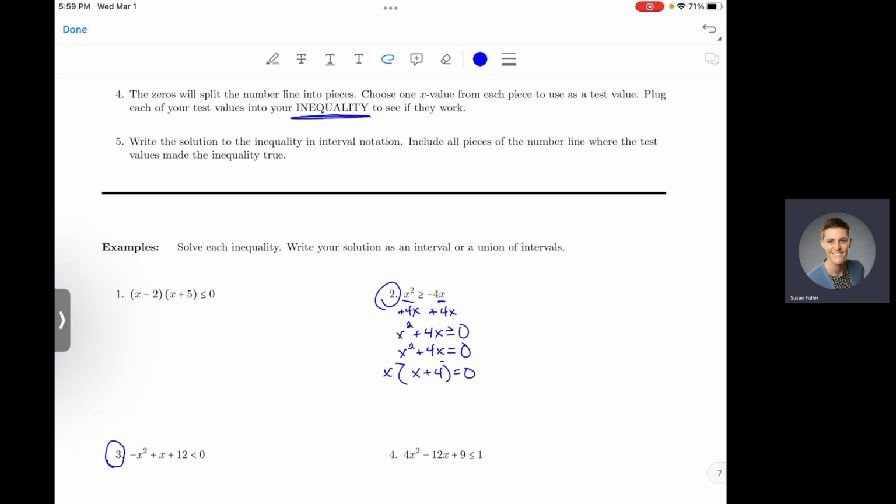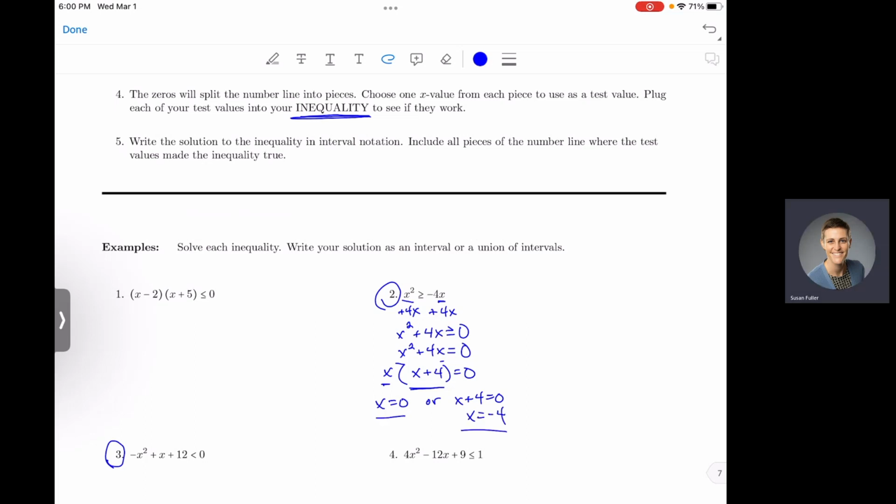Okay, so this is thing 1 times thing 2 equals 0. So one of those has to be 0. So either x equals 0 or x plus 4 equals 0. Then I need to solve for x. So x equals 0, or if I get x by itself here, x is negative 4.